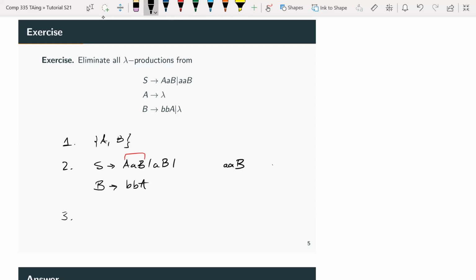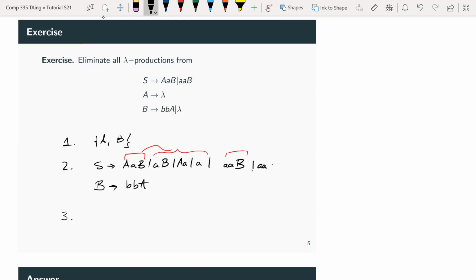If I replace the variable B by lambda, I'll get AA. And if I replace both by lambda, I'll just get A, right? So that's what's coming out of the replacement for AAB, okay? And then the same thing for this one. In this case, you don't really have to list any combinations. There's just one. If you replace B by lambda, you just get A. All right. And then the last one here, B gives me BBA.